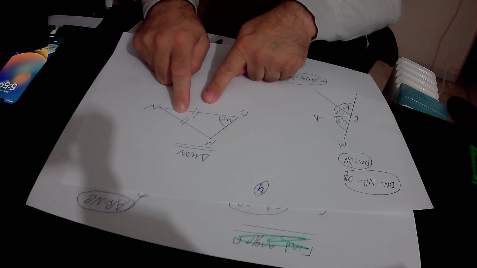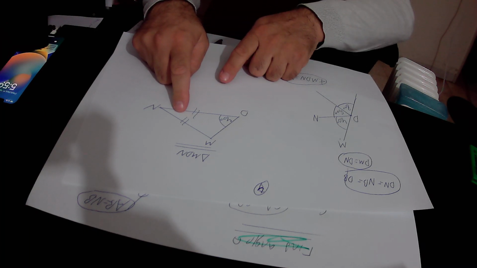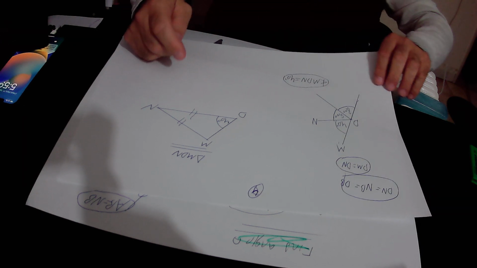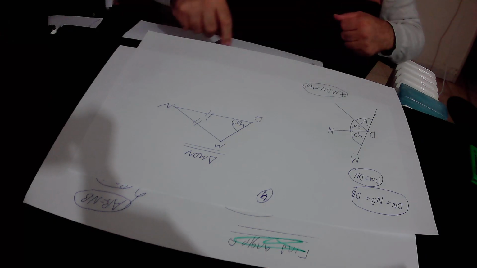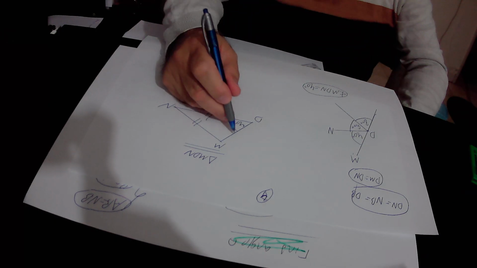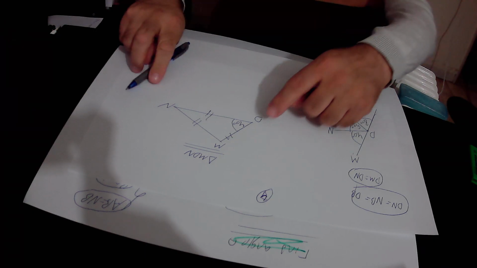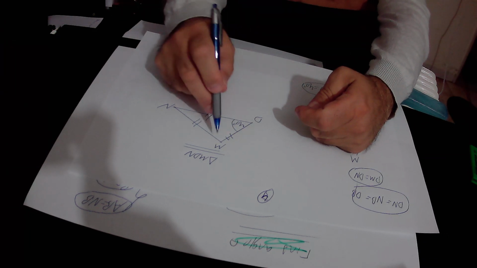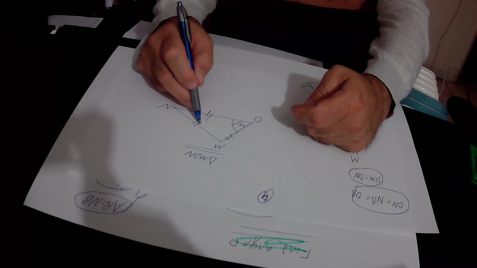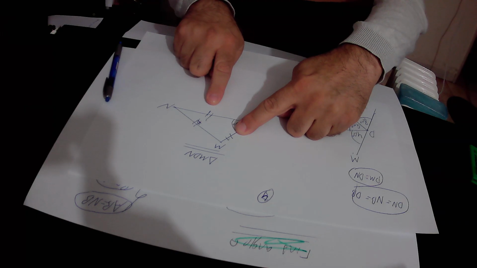According to the rule that in front of equal sides in the triangle there are equal angles, we get: DM equals DN.